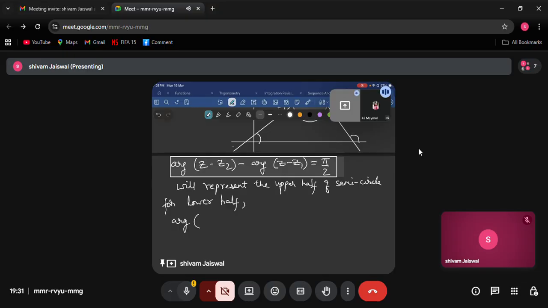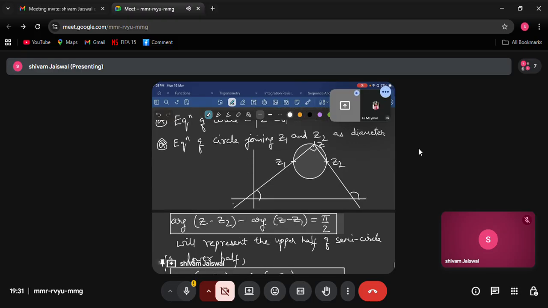If z is lying in the lower half, what is the difference of the angles?